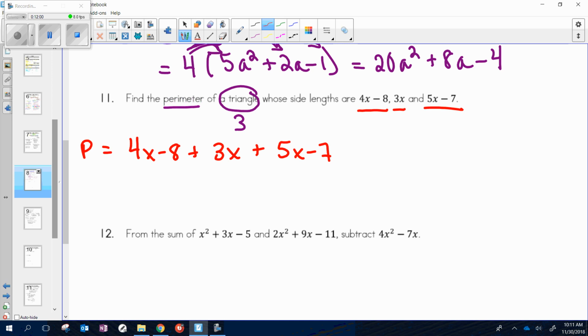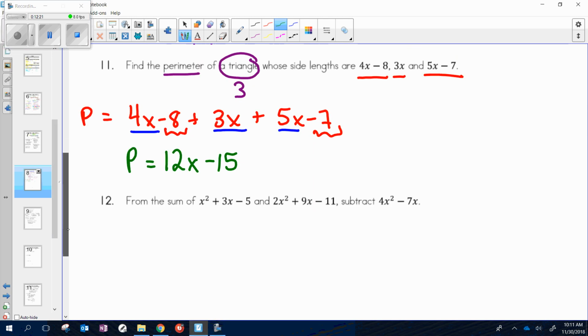Well, I'm adding, so that means I'd be distributing a +1, so I don't need any parentheses because a +1 is not going to change anything. Next step, I just need to combine my like terms, and then you will get your answer after you combine those constants. That gives us a perimeter of 12x minus 15 after combining.